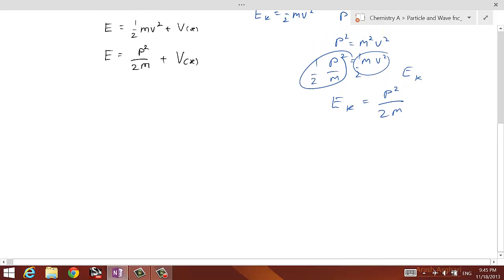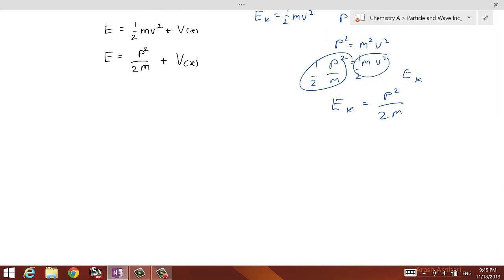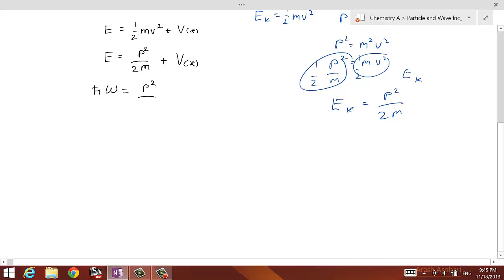Now the energy of a matter wave, I'll just say that it equals h bar omega. You can find the proof on Wikipedia and elsewhere. So E equals p squared over 2m plus V(x).